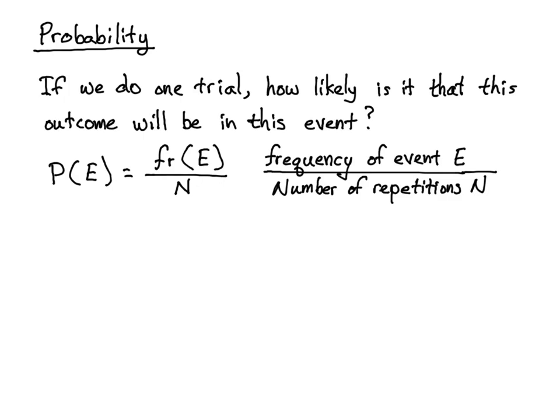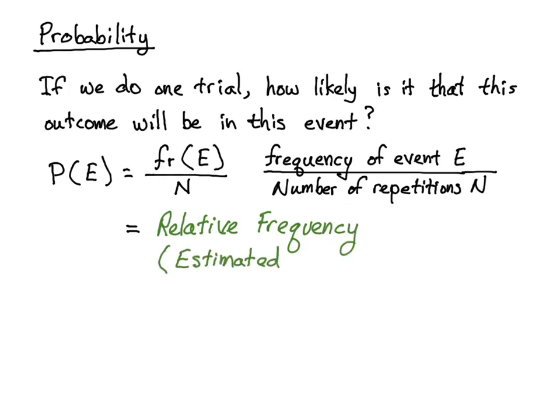So in other words, if I'm rolling a die and I do it 10 times, the number of repetitions would be 10, and the number of times that when I rolled the die I would get an odd number would be that frequency of event E. So look at it as the relative frequency. So that's the number of times that it comes out relative to the number of times that you try. So this is an experimentally determined probability.